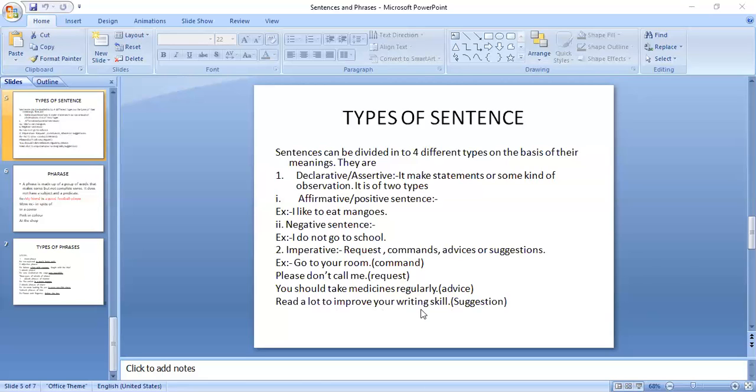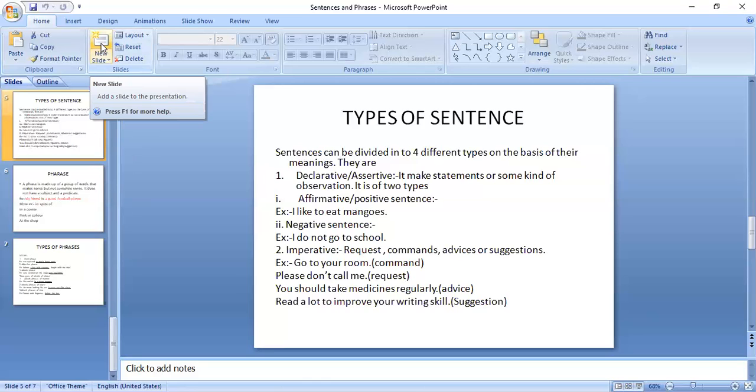But some may not follow the suggestion. A suggestion may or may not be followed by everyone.